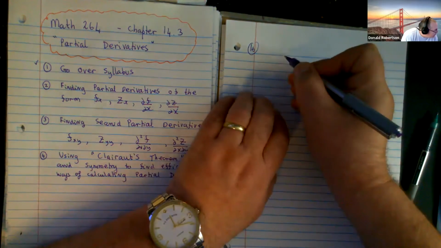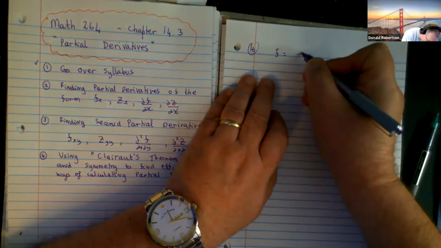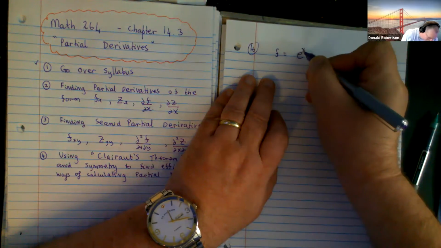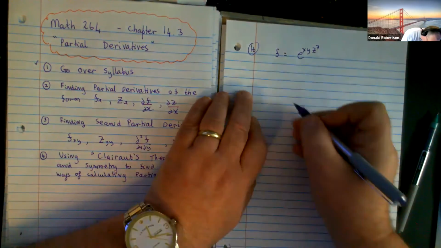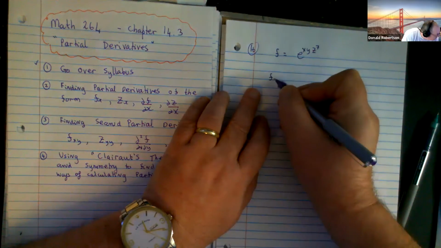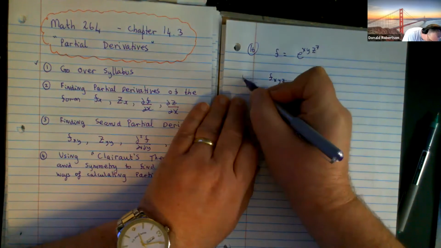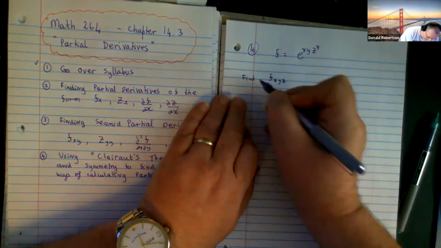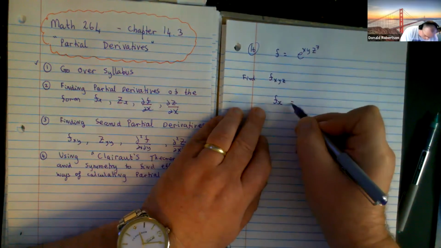Oh, okay. So we have a function, and it's e to the power of x, y, z to the 7. And we're being asked to find that partial derivative. Okay, so I'm going to start by differentiating with respect to x.